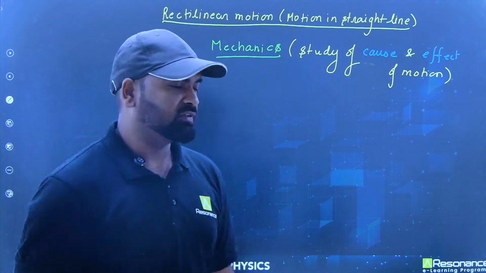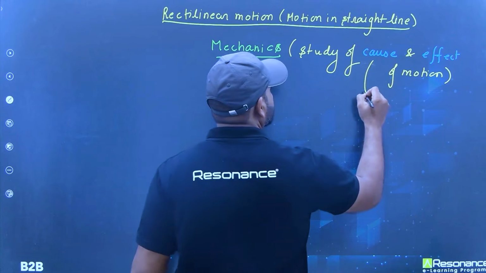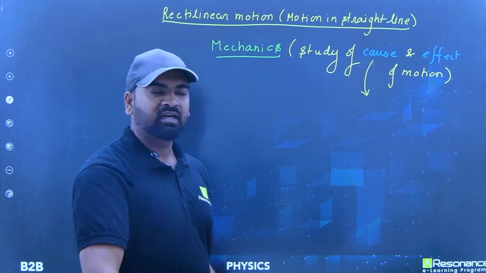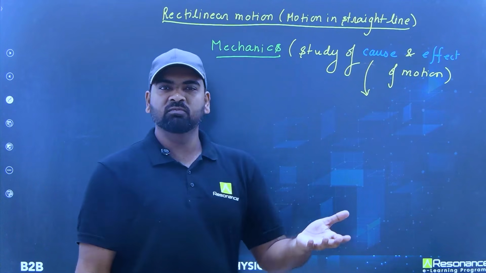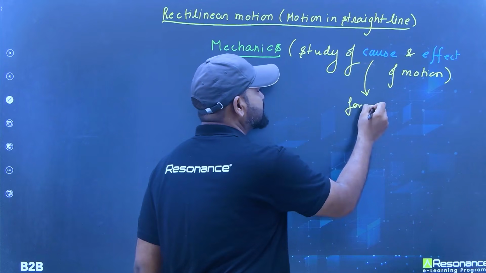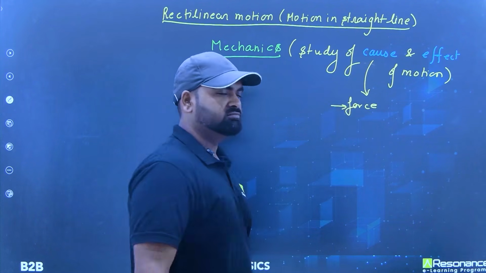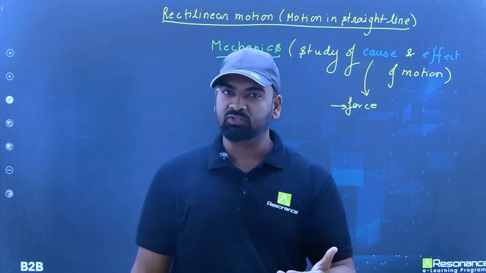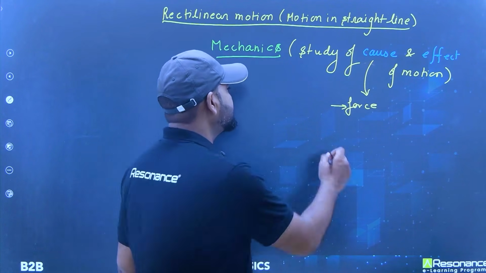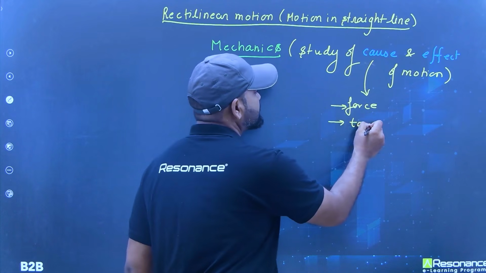So, listen very carefully. Cause means the reason due to which it actually happened. And what is the reason of anything moving in the first place? Well, it has to do with these two things. Force, that's for linear motion, when it is in a straight line. And this thing is going to be torque.